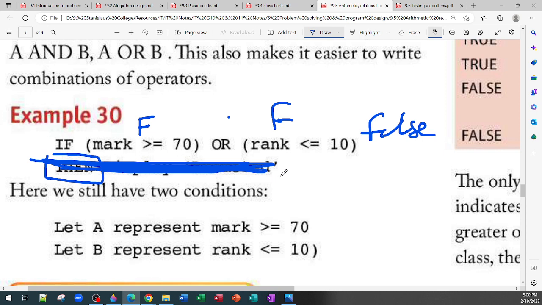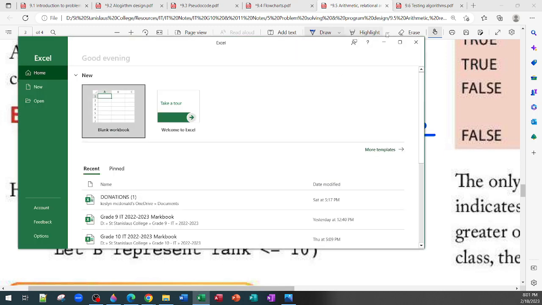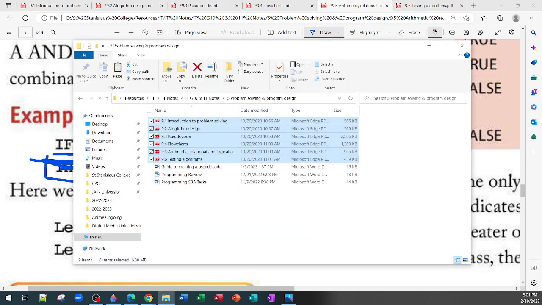Now, if you guys can remember, you actually used this operator already. Anybody can remember from where? You actually used it already twice. When you were doing spreadsheet and when you were doing database, you actually used it. Nobody can remember?